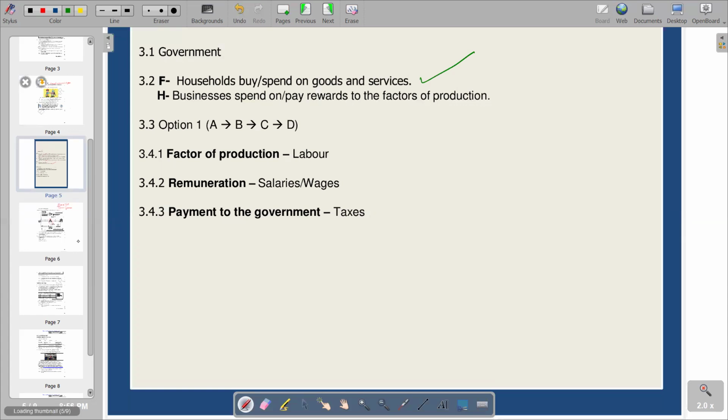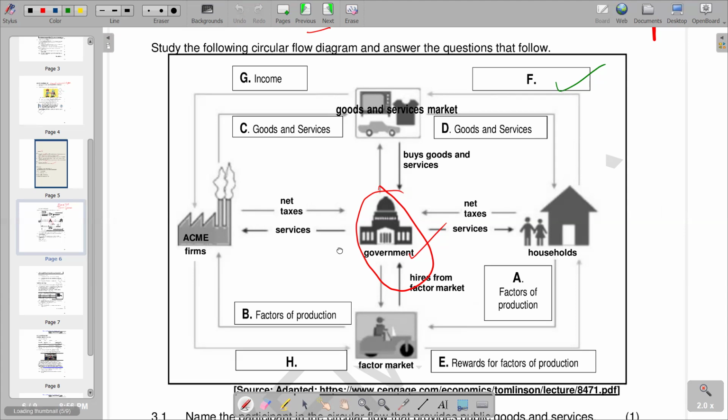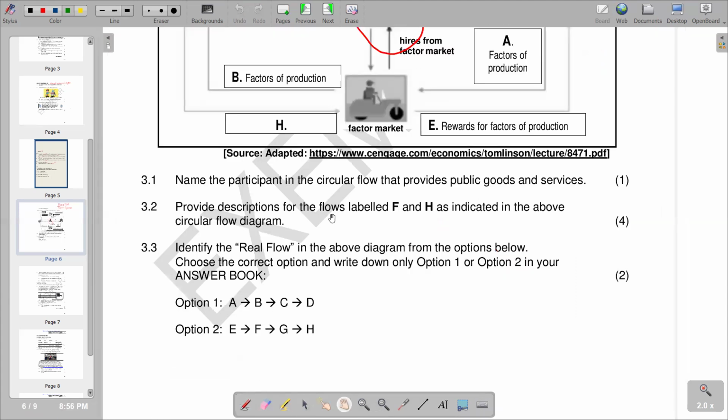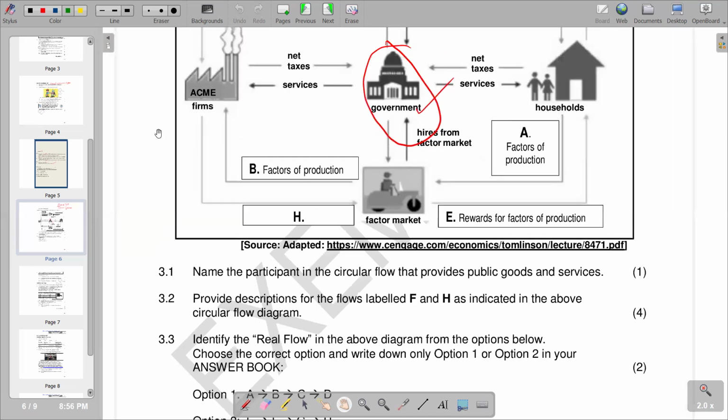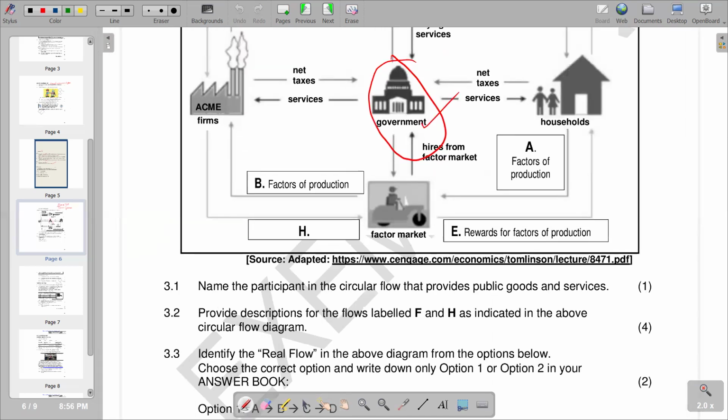And then we go to the next part of our question, which says provide descriptions of the flows F and H as indicated in the above circular flow. We have identified the F, and we now go to H. We see that H is here, and the movement that we are seeing on the H is that we have got an arrow coming from the firms going to the factor market.